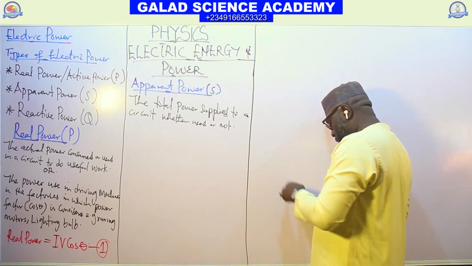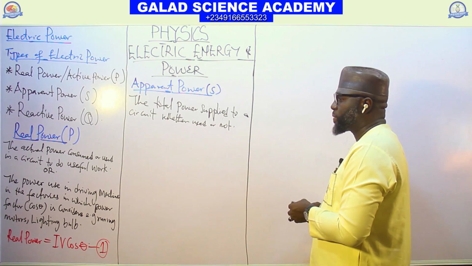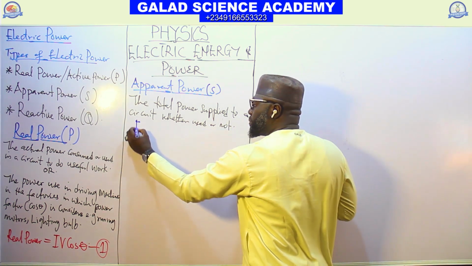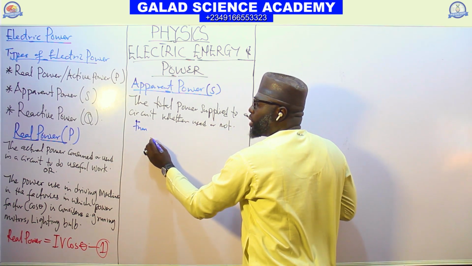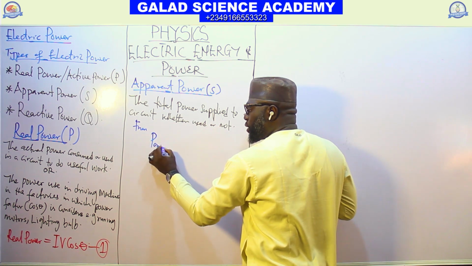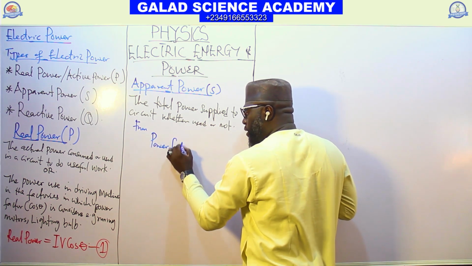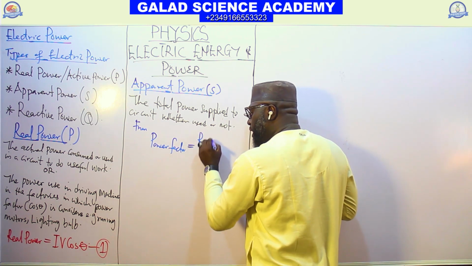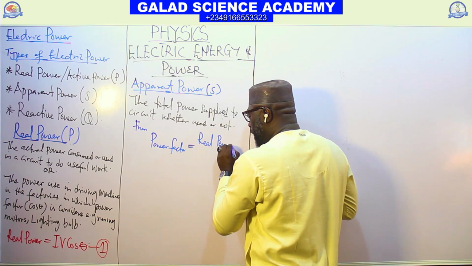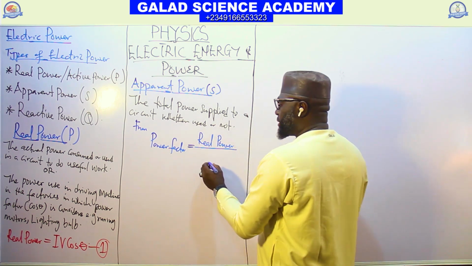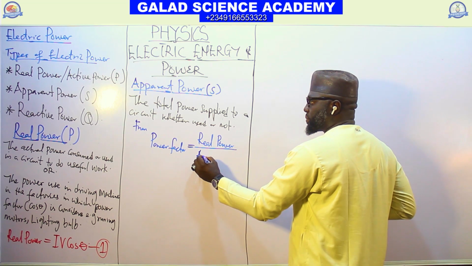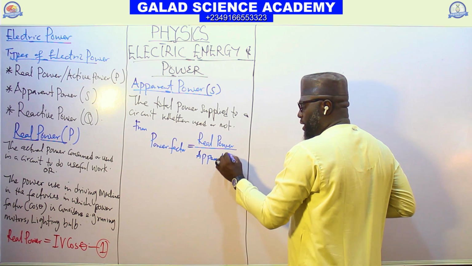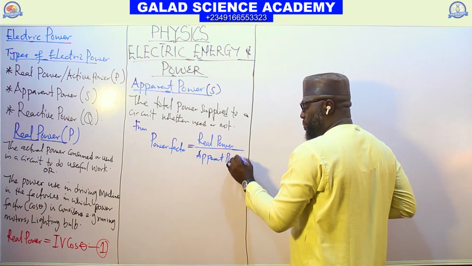So what is the formula for this now? I can say from power factor, which is equal to real power over apparent power.